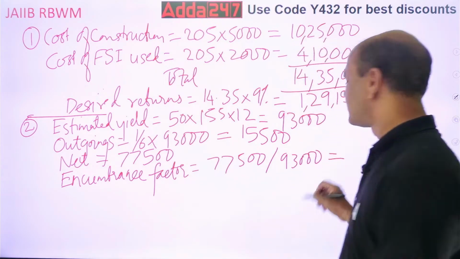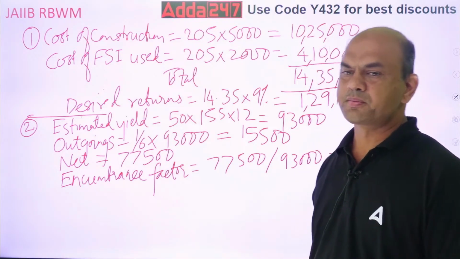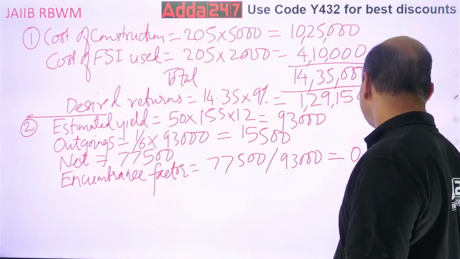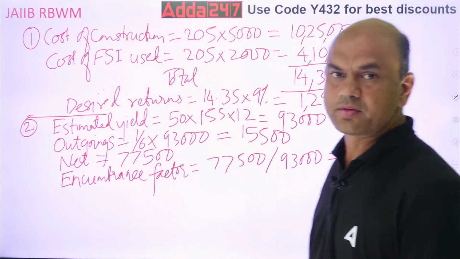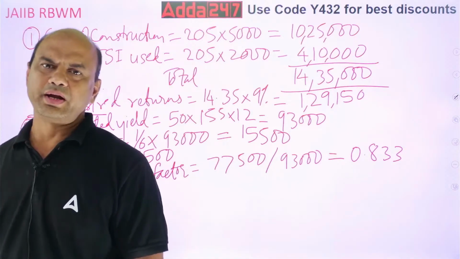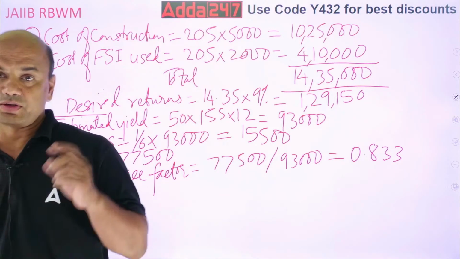What is the answer? Do it, everyone. So it is 0.833. Right? Are you getting this? I've got it from your comments. 0.83. Okay, this much is your encumbrance factor. First answer, you got it.